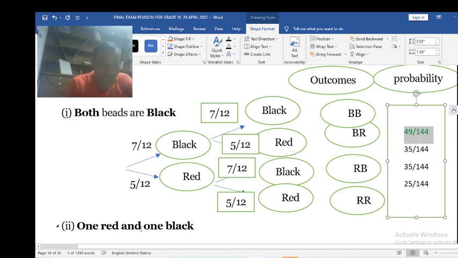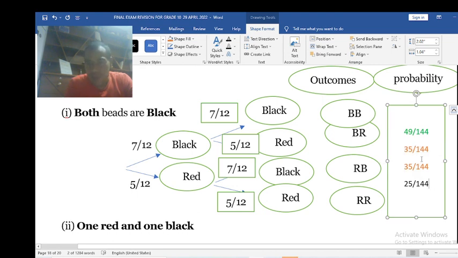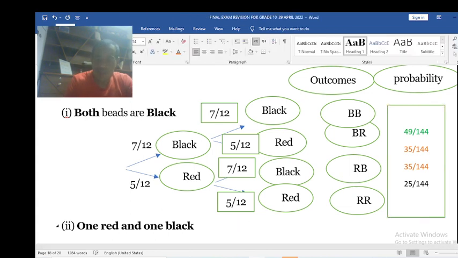Now one red and one black means you are going to add all of this. Okay, I will use another color. So to add, 35 plus 35 is 70 divided by 144. So 70 over 144 is the last answer.